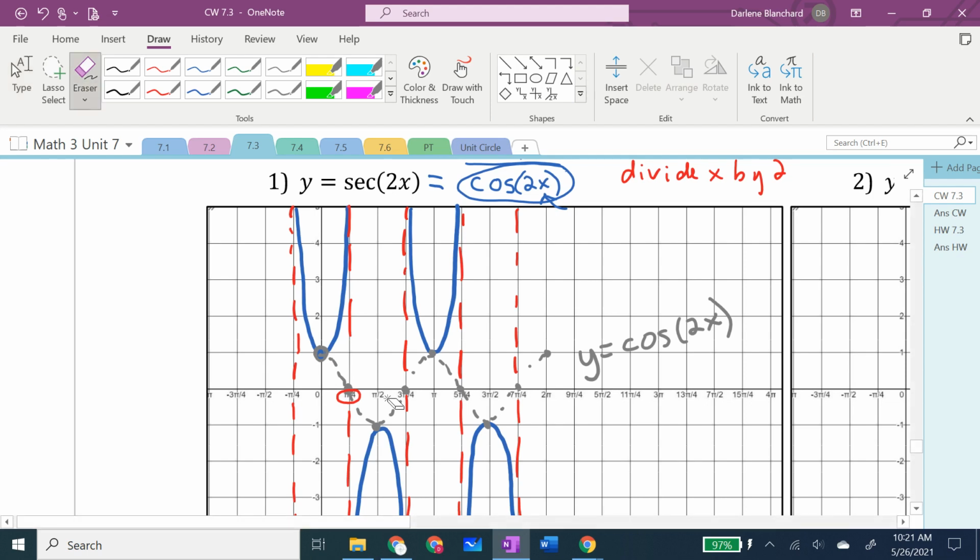I'm going to erase this gray part to show you that, oh, I didn't mean to do that. Okay, maybe I shouldn't do that. But make sure you're clear that the cosine graph isn't the graph that we are actually drawing. It was used to help us graph the secant graph.